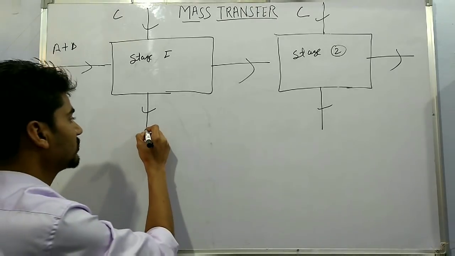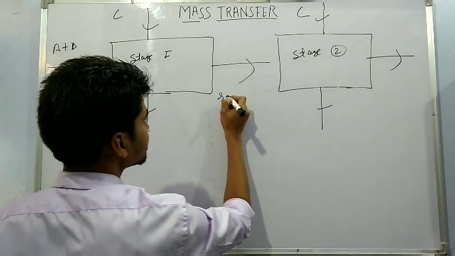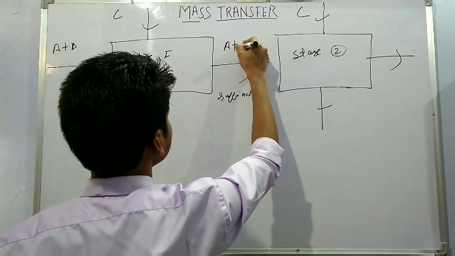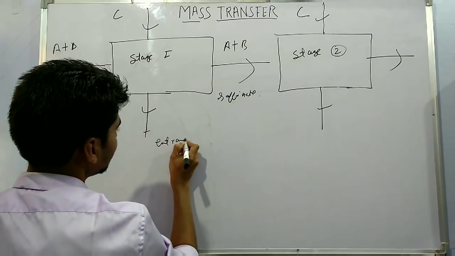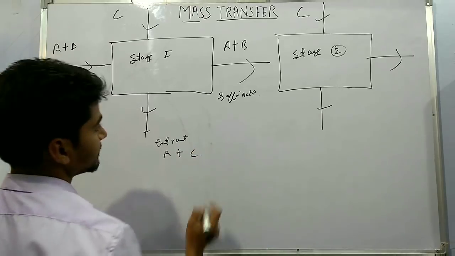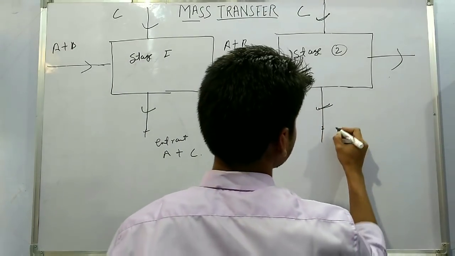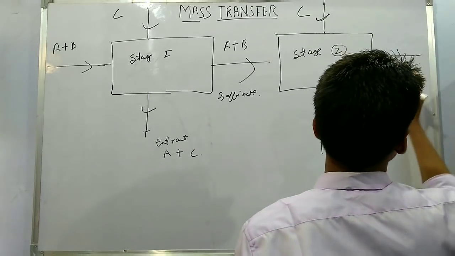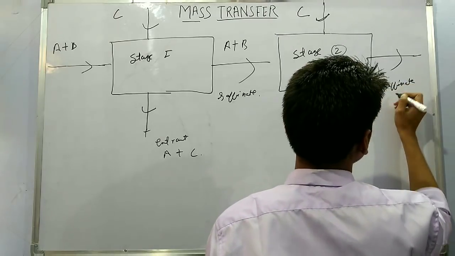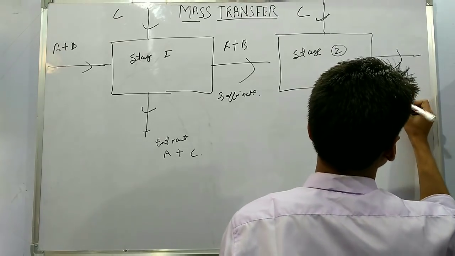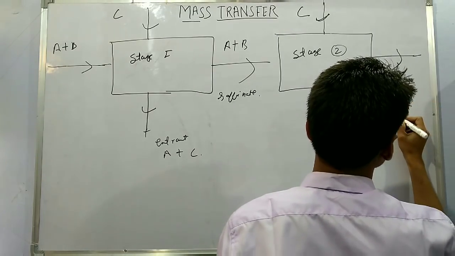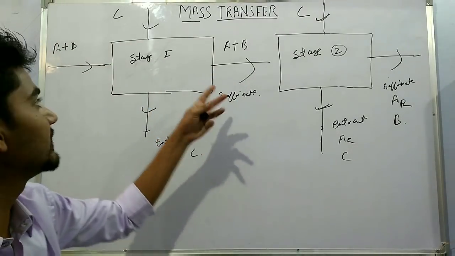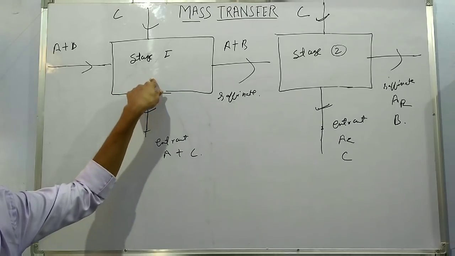So what we can conclude here is that in stage 1 the raffinate phase will contain A and B, whereas the extract phase will contain A and C. And in stage 2, the extract phase will contain A and C, whereas the raffinate phase will contain AR and B.